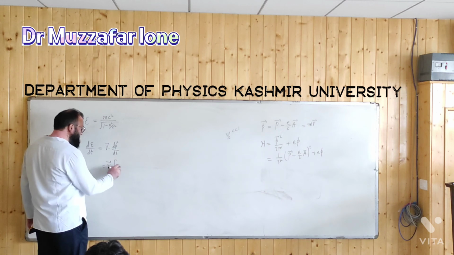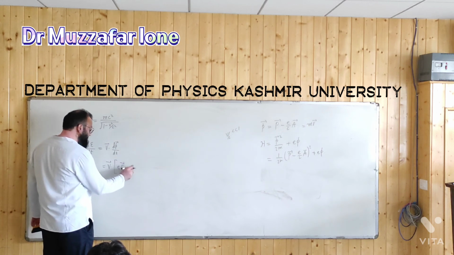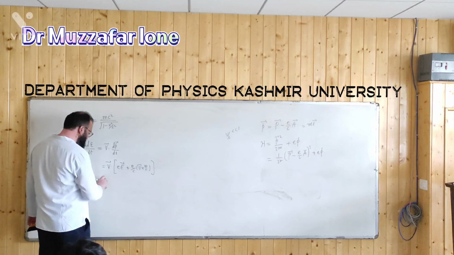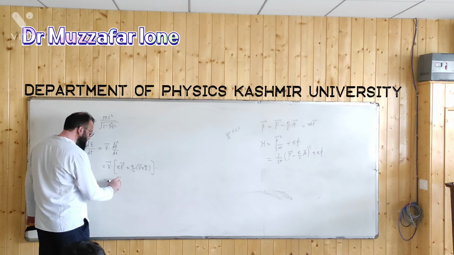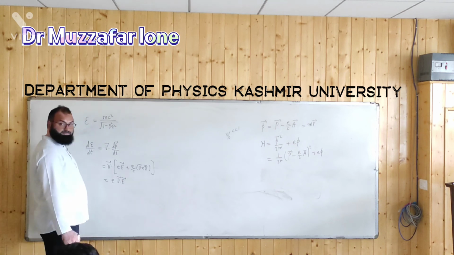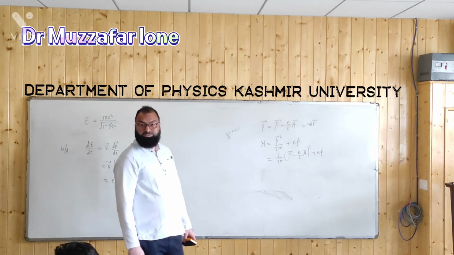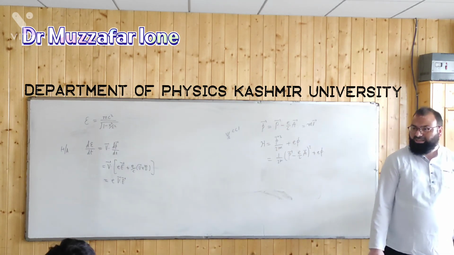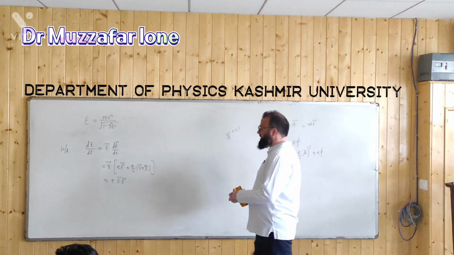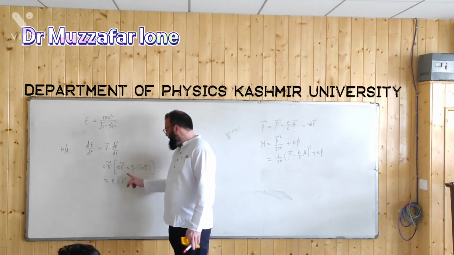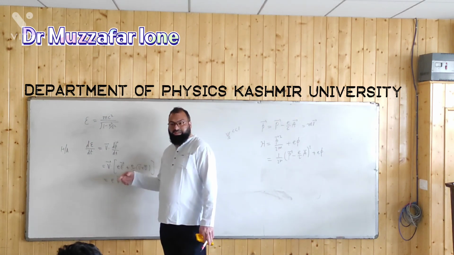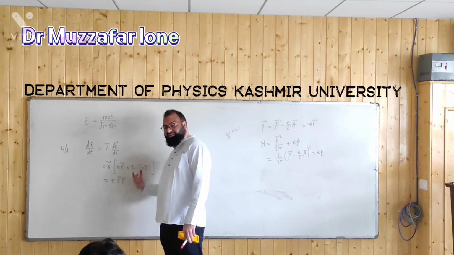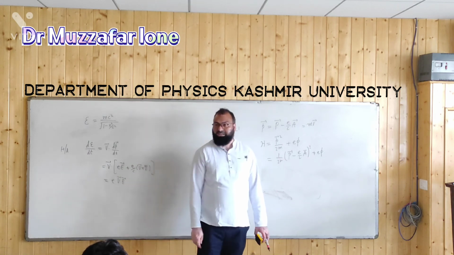So it is e times E plus e by c v cross B. Is that true? So what do you get? Simply v dot E. What about the other term? Because v dot v cross B is equal to 0. So that means if you are having a particle in an electromagnetic field, it's only the electric field which is doing some work on the particle. Magnetic field does not do any work, is it? Clear?